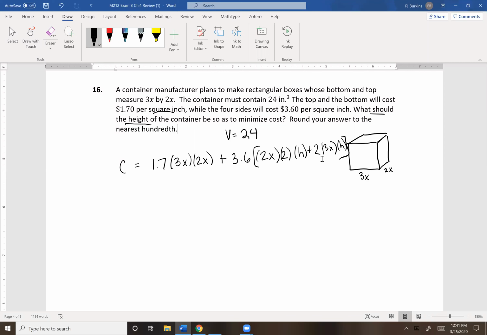Everyone okay with where I got all those values? Yeah. Okay. And then the volume has to be length times width times height. So this is really 6x squared h.